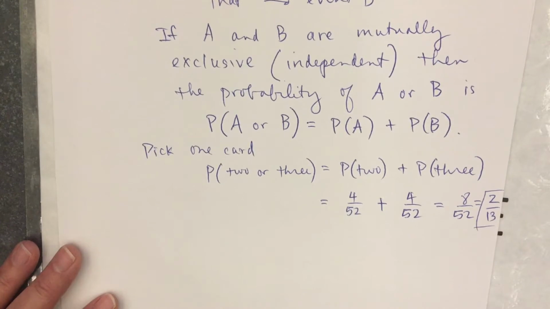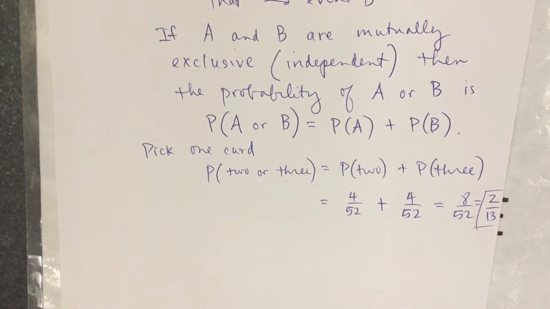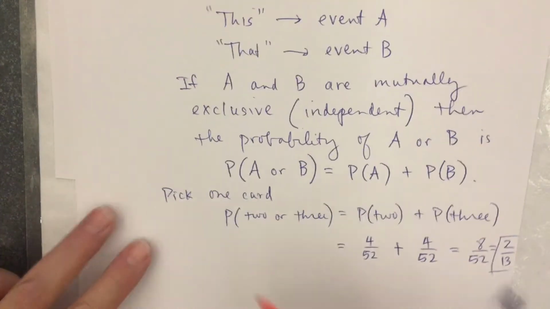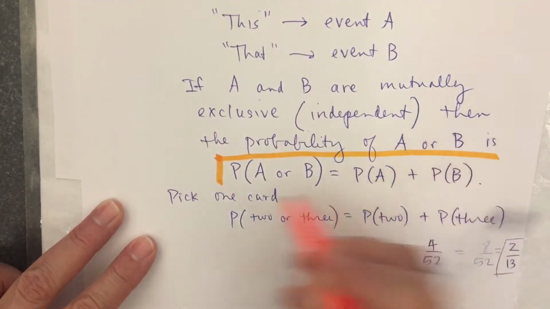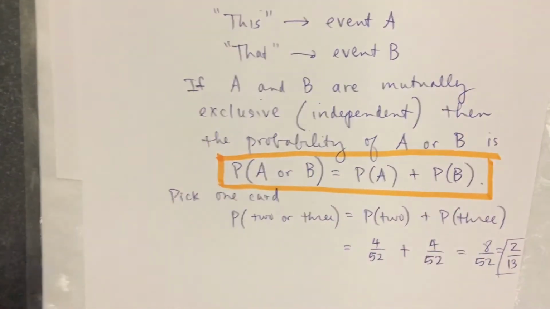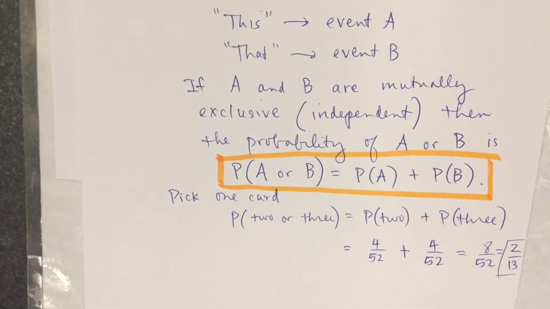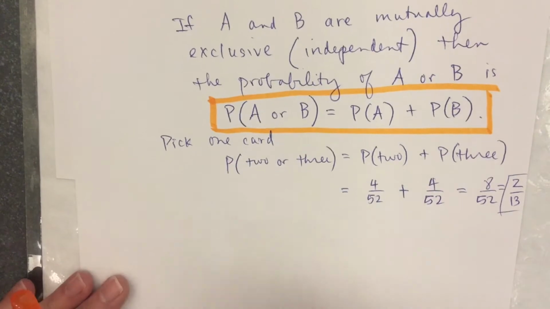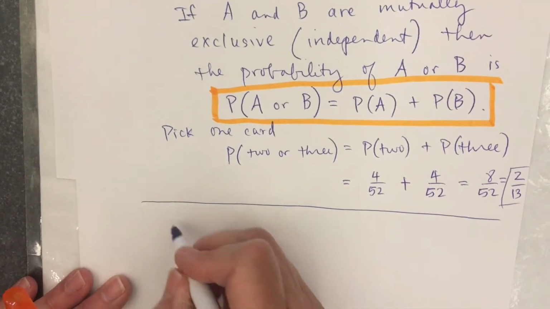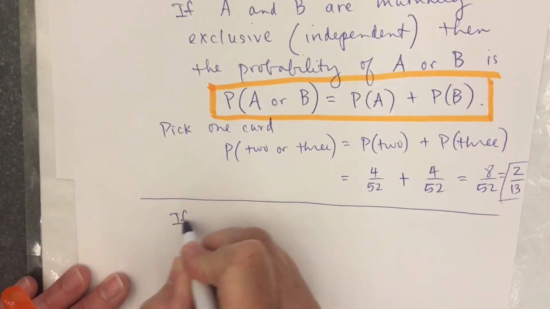For the events that are not mutually exclusive, the formula is a little different. Let me box off this formula. And now we'll do if they're not mutually exclusive.